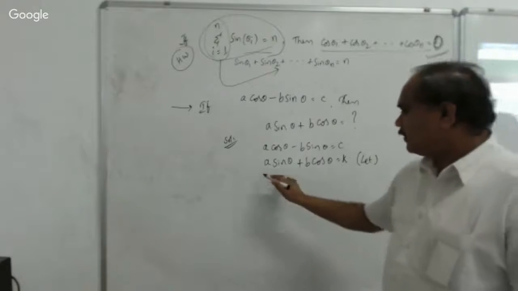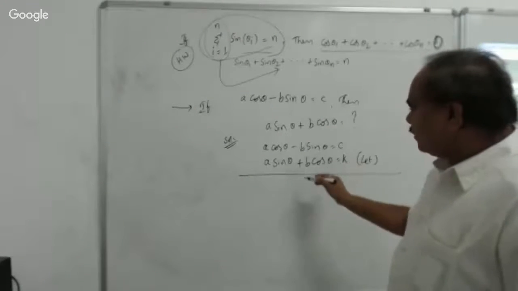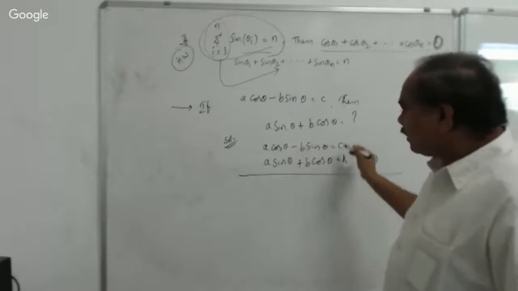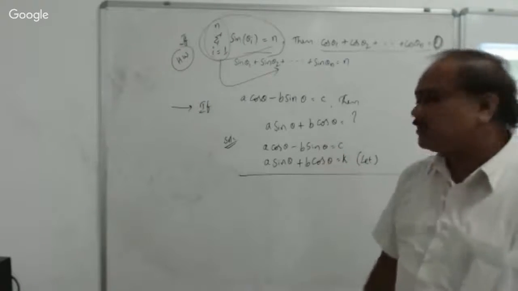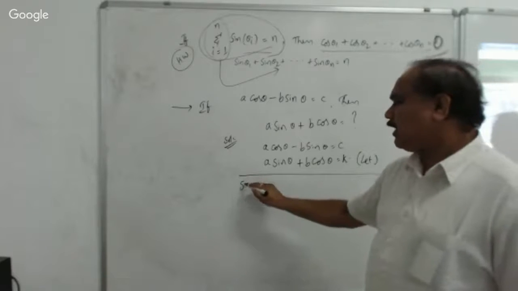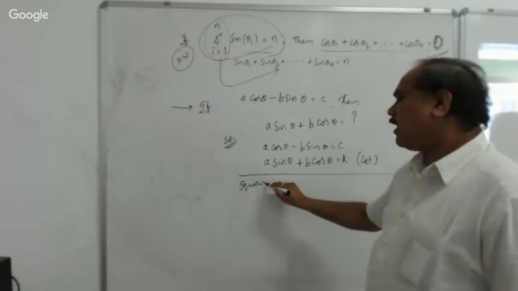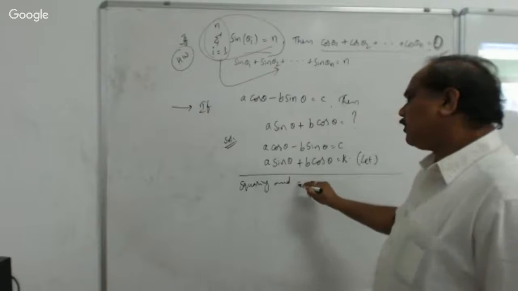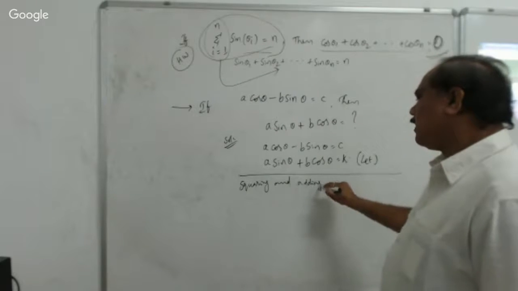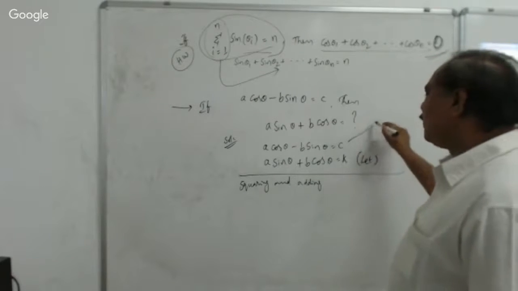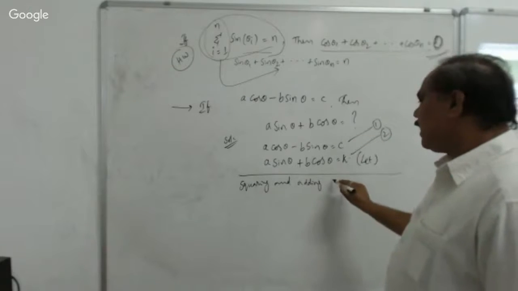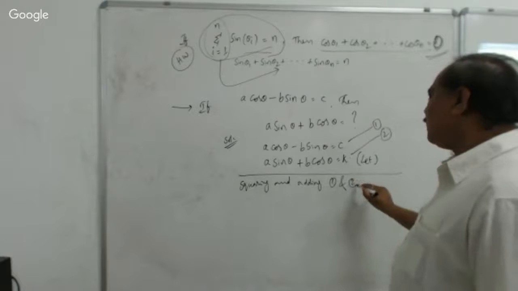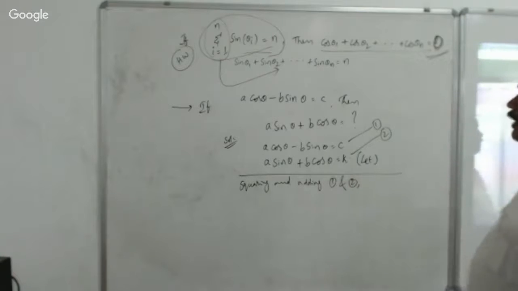Here, the method to simplify or solve these two equations is squaring and adding both equations 1 and 2. Consider this as 1, this as 2. Why?